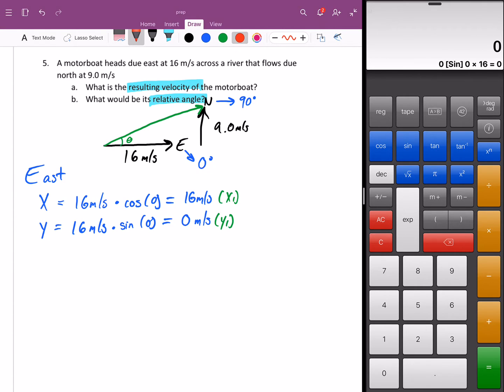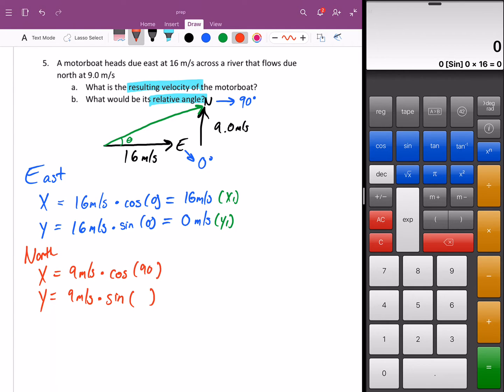Next step, let's do north. X, y. Magnitude was 9 meters a second for both. Cosine, sine.